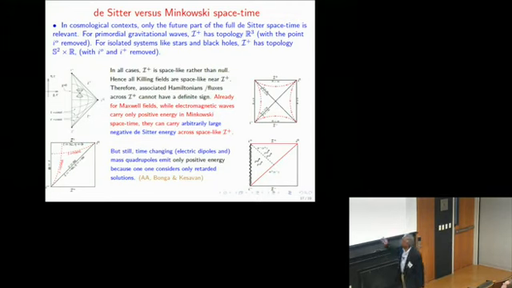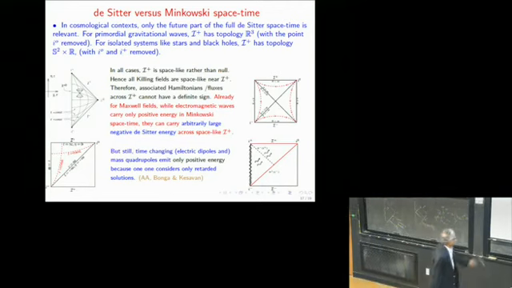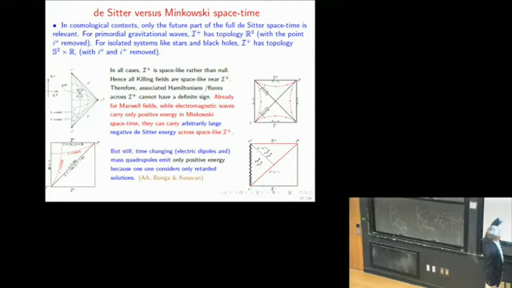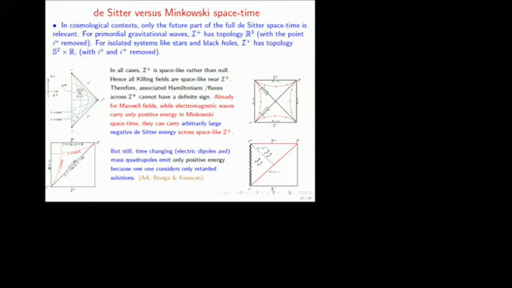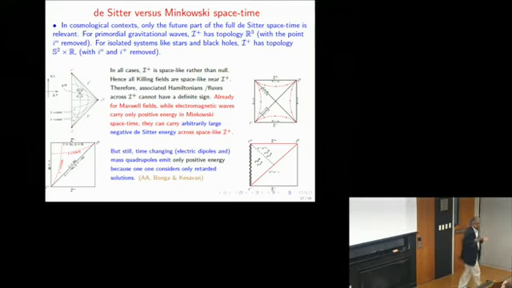So let me finish with some last remarks about de Sitter versus Minkowski spacetime. Here was the Minkowski spacetime. These were time constant surfaces. These are the Killing vector fields d by dt whose orbits are like that. In a cosmological de Sitter spacetime, the situation is the following. First of all, let's just consider de Sitter spacetime.